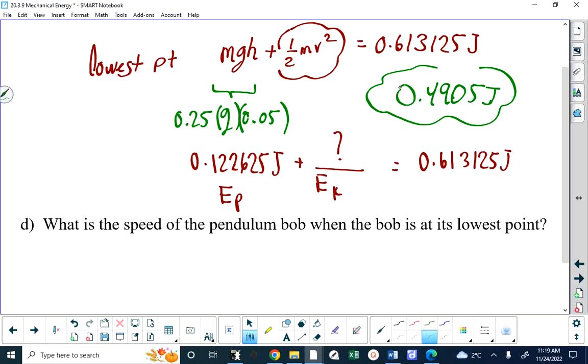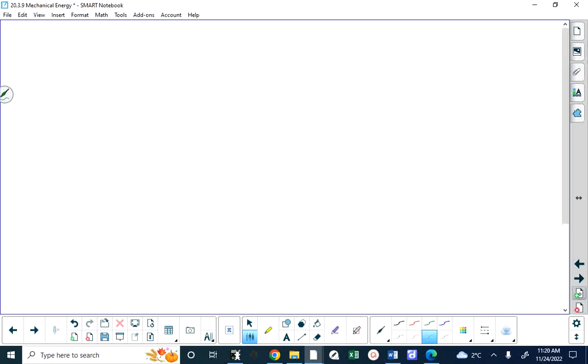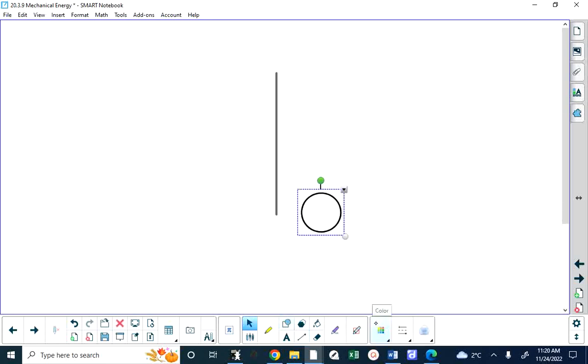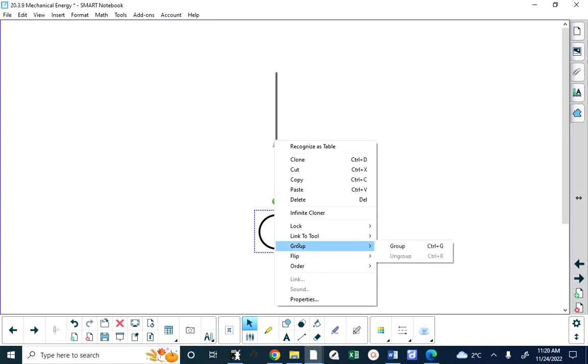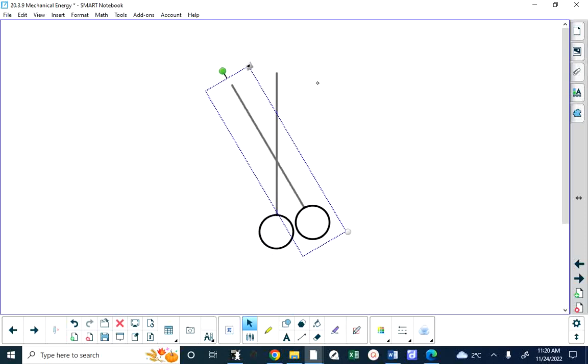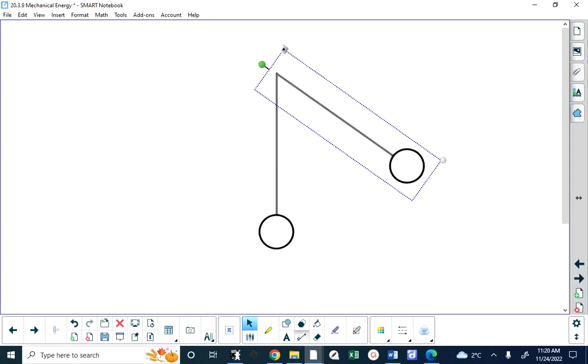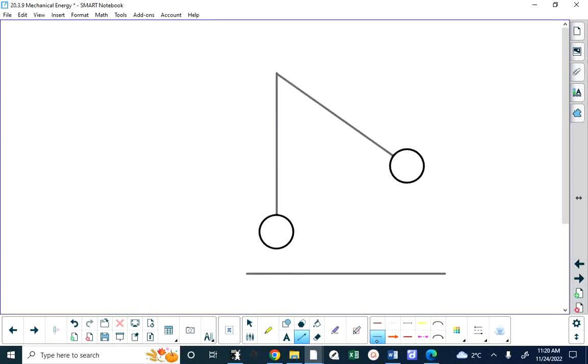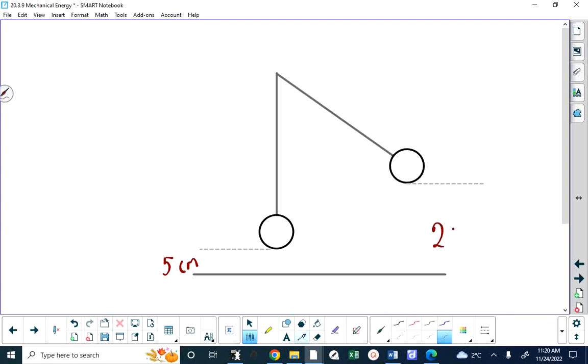Let's pause for a second there. Let's just ask ourselves, if we had this situation where here's the pendulum at the lowest point, and that happens to be 5 centimeters above the floor, but we decided, here's the floor, this is 5 centimeters, this is 25 centimeters.